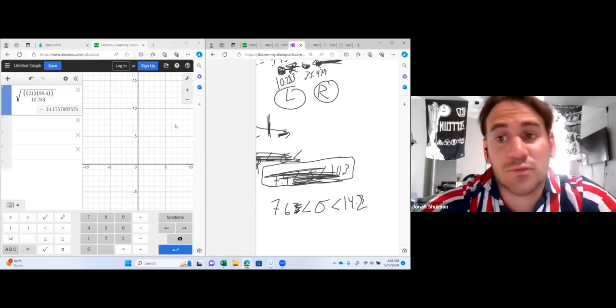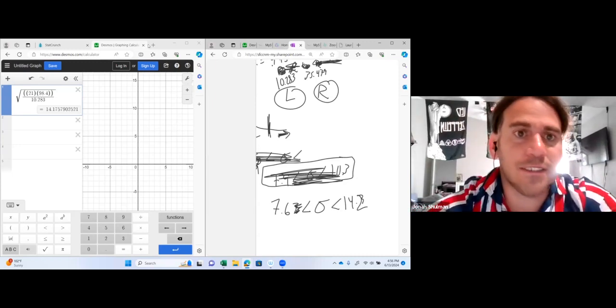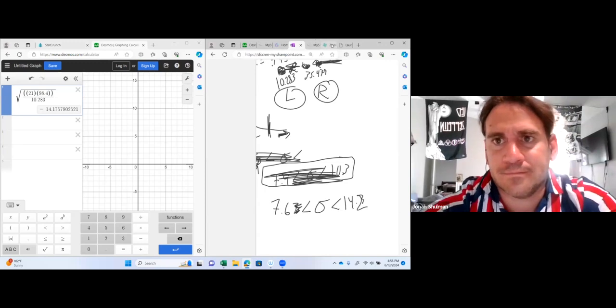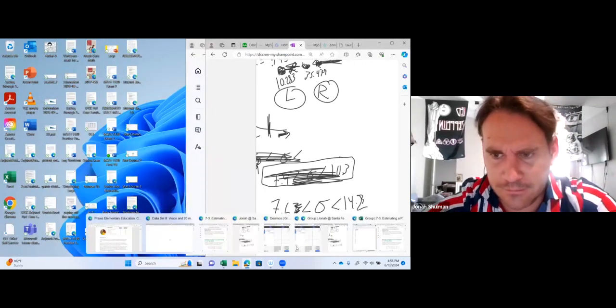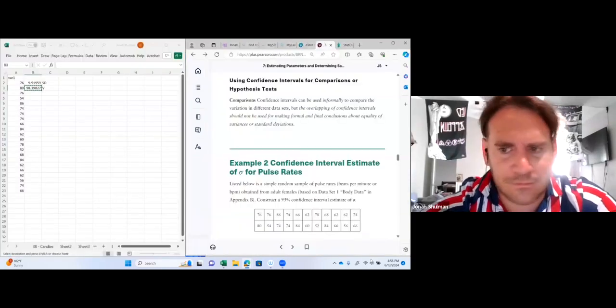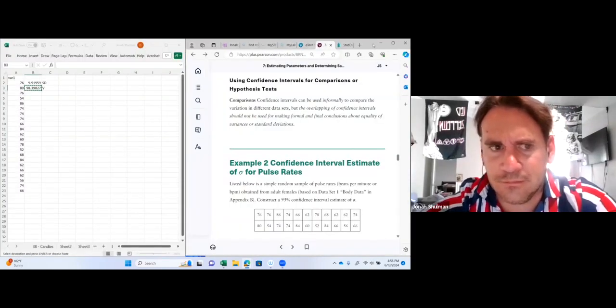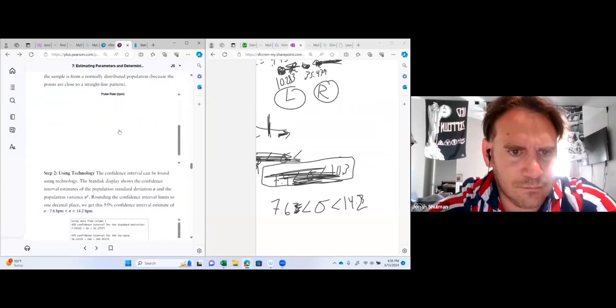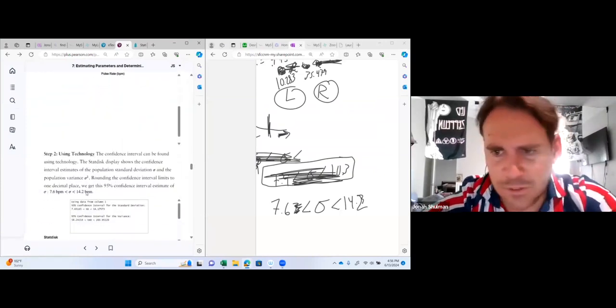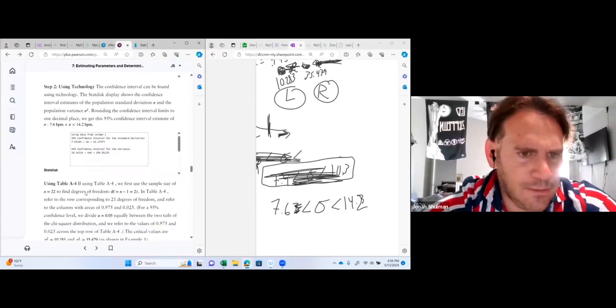All right. Let's see how we can do this with a computer so we don't make a little mistake like I did. And let's make sure those are the right numbers too. 7.6, 14.2. Yes. Okay.